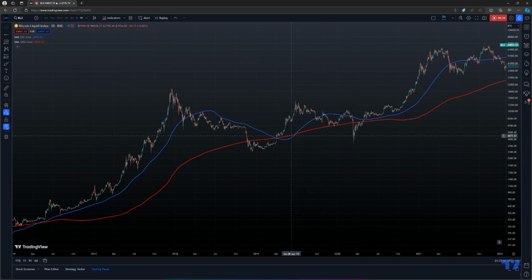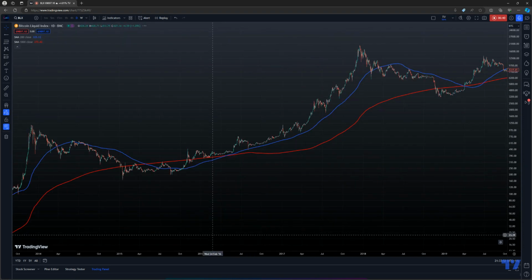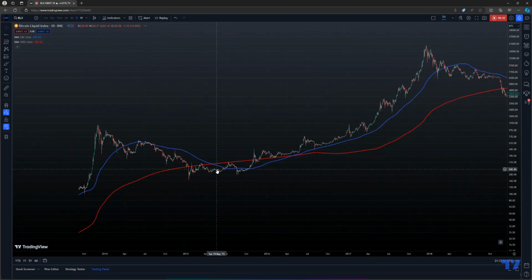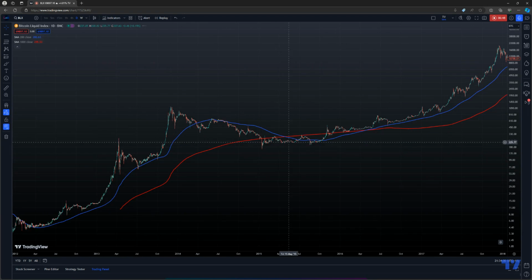Crossovers don't always mean bullish on any chart, but Bitcoin is especially special, right? Crossovers don't necessarily always mean what you think they're going to mean. They're only a tool to check if there are any points of support and resistance.